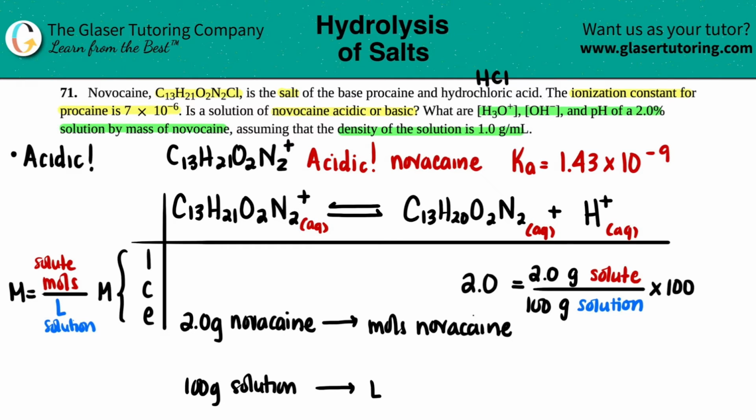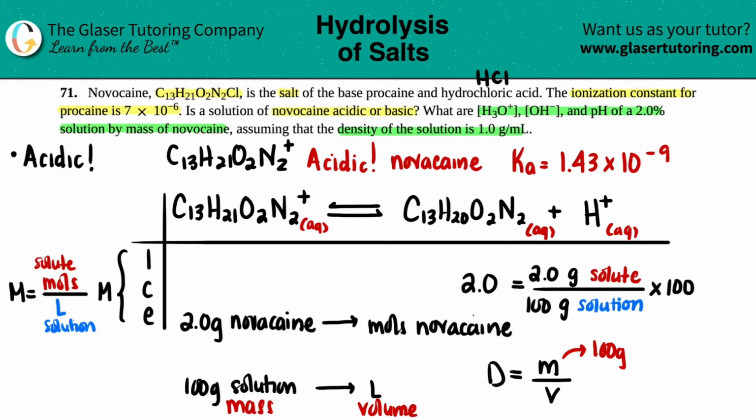Now if I want to go from a mass, because that's what a gram is, to a volume, what's that formula? It's the density formula, D equals M divided by V. We know the mass. The mass is 100 grams. And we know the density. They told us that it was 1 gram per mil, right?